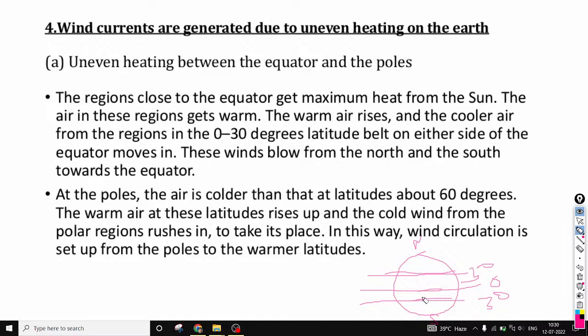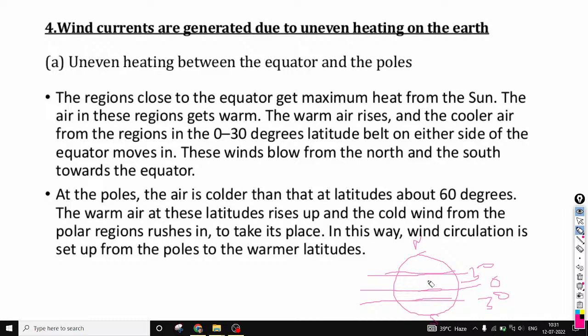Due to this, this region is getting the maximum heat of your sun. And when this region gets higher energy from the sun, definitely the air will become too much heated, or warmer. So that air will be rising in the upward direction.